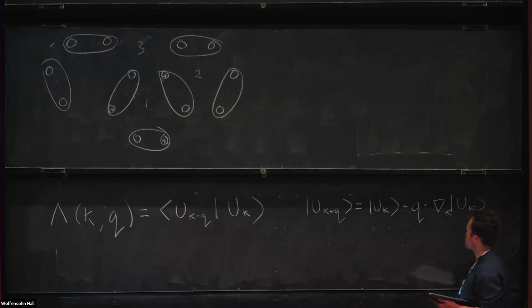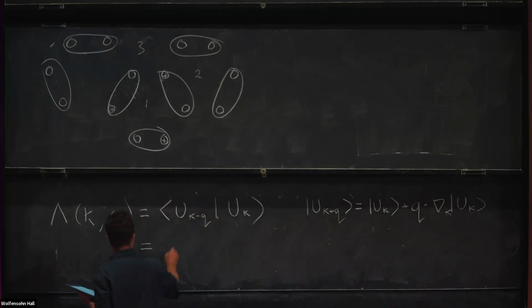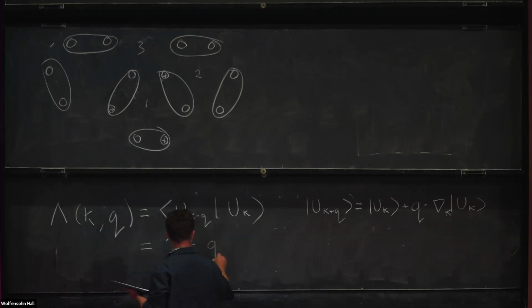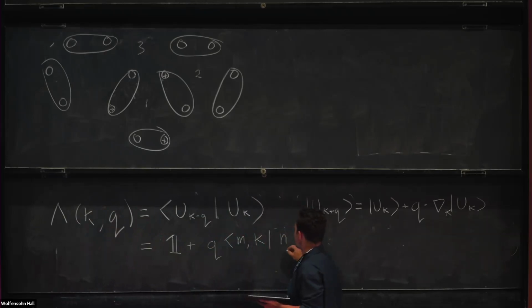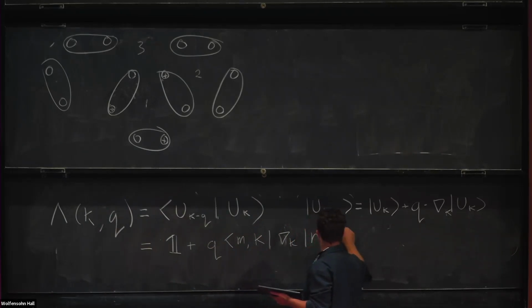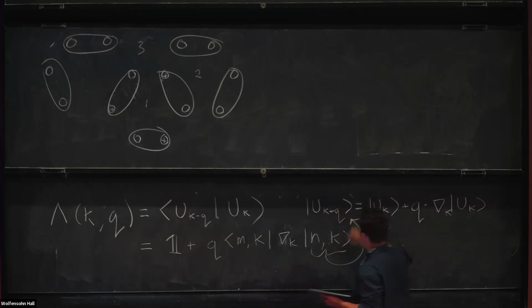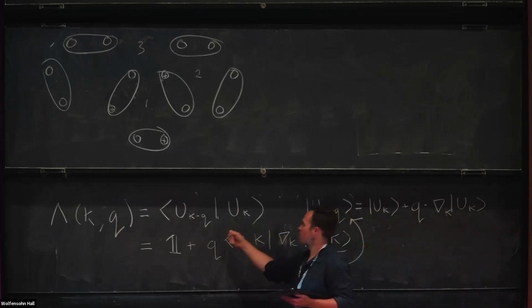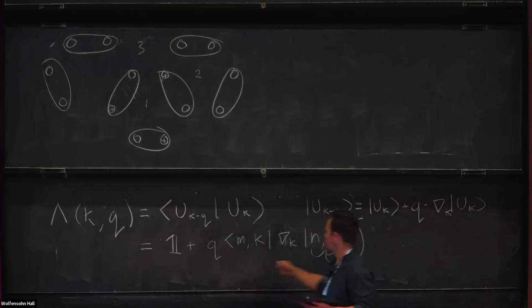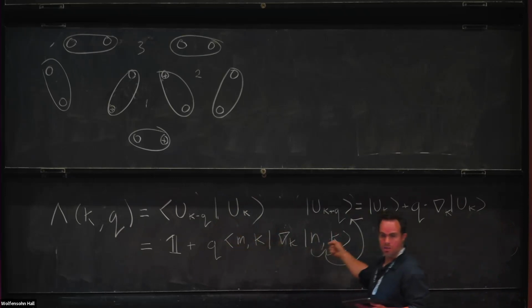So we'll assume we can do a first order Taylor approximation. Then what this gives is equal to the identity plus q dot, putting the indices back in, u_mk gradient with respect to k, where these things are just the Bloch wave vectors. So that's to say we take the overlap of the Bloch vectors, and at small q I can do a Taylor expansion, and you get this term here. It's the lowest order part.